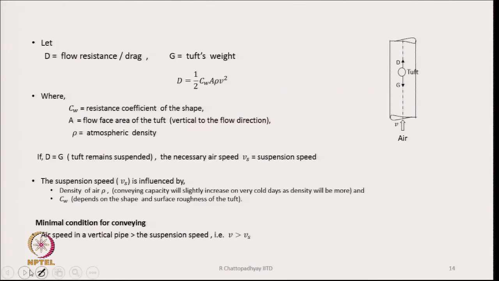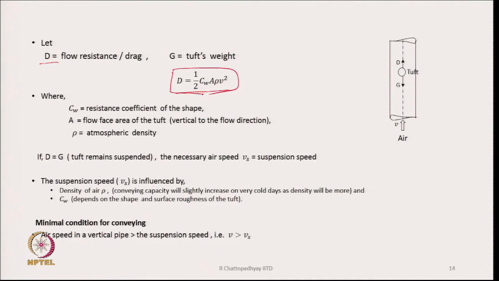Let us say the flow resistance or drag force on a tuft is represented by D, and G is the weight of the tuft. So, how much is D? D is half Cw A rho V square.